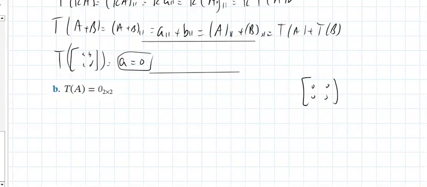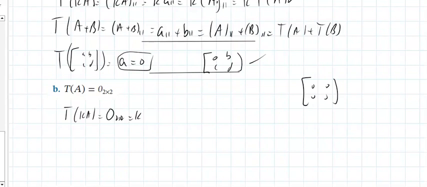So pretty much the kernel of T consists of all of these matrices. Here, we already have the 2 by 2 being 0. Well, we know that if you take T applied on kA, that is 0.